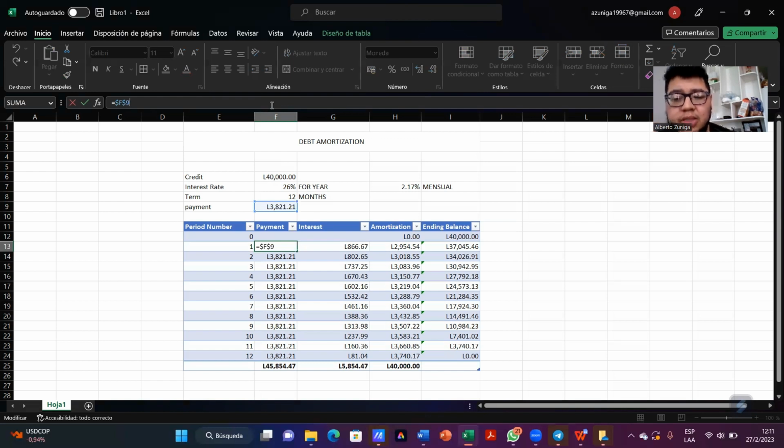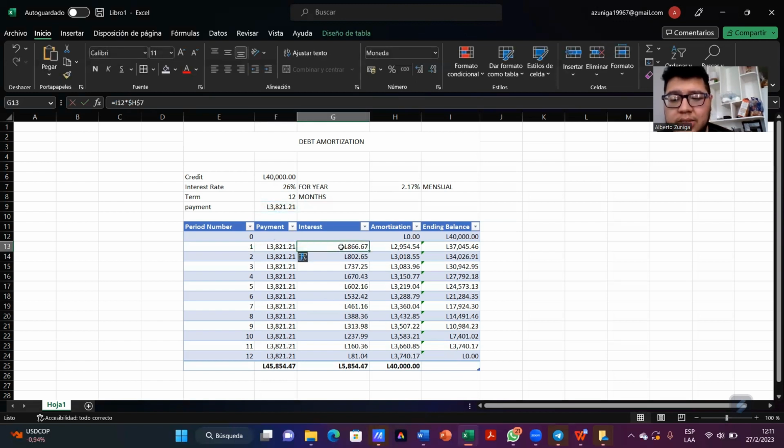As this payment is constant, then to set the box, we will press F4 to make it constant and drag the same value and not take other values, only that box.